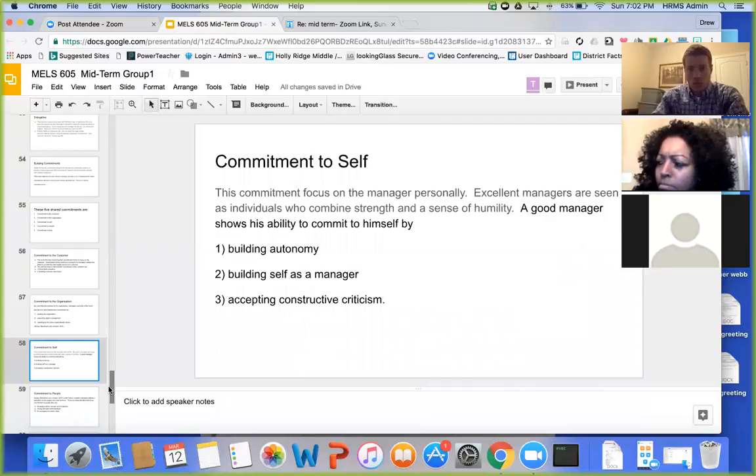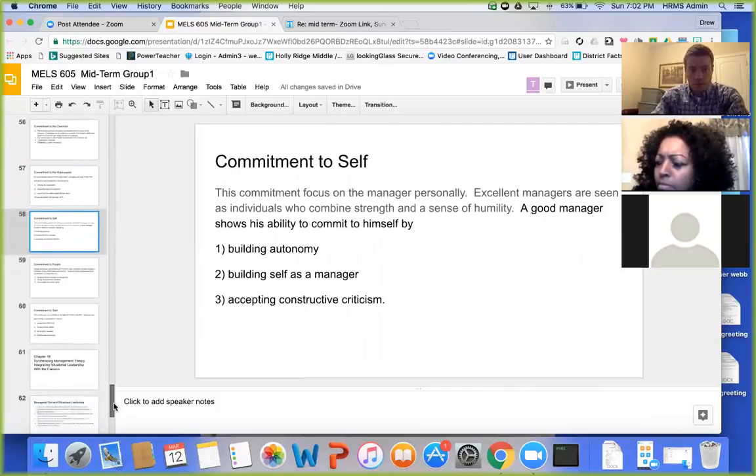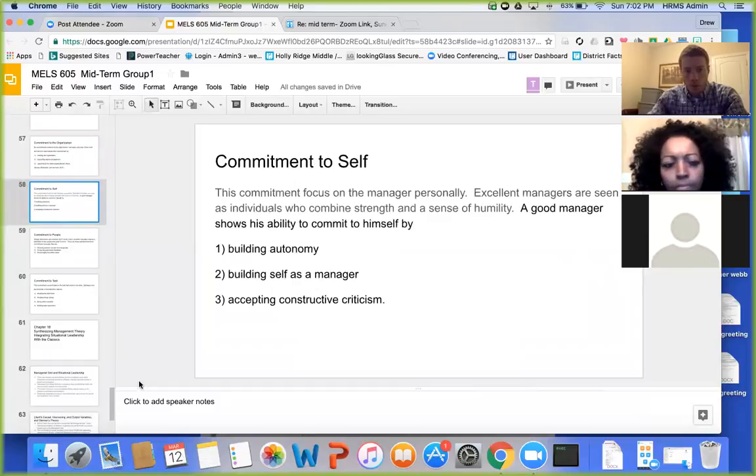Okay, the next one is commitment to self. And with this one, the manager focuses on their personality. Excellent managers are seen as individuals who combine strength and a sense of humility. A good manager shows his ability to commit to himself by demonstrating autonomy, building self-management, and accepting constructive criticism.